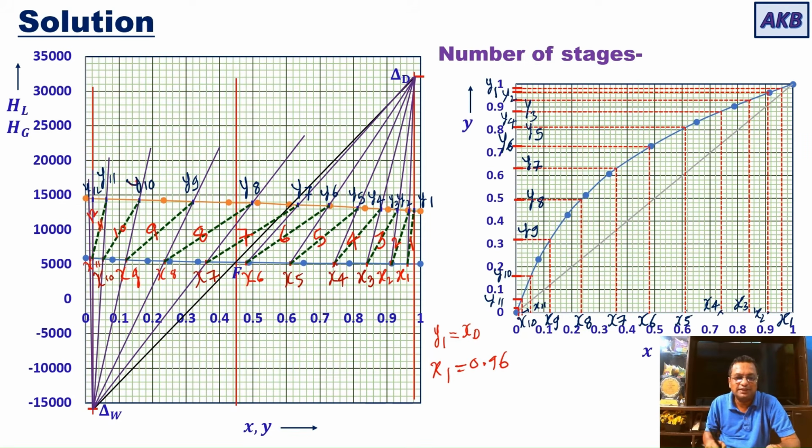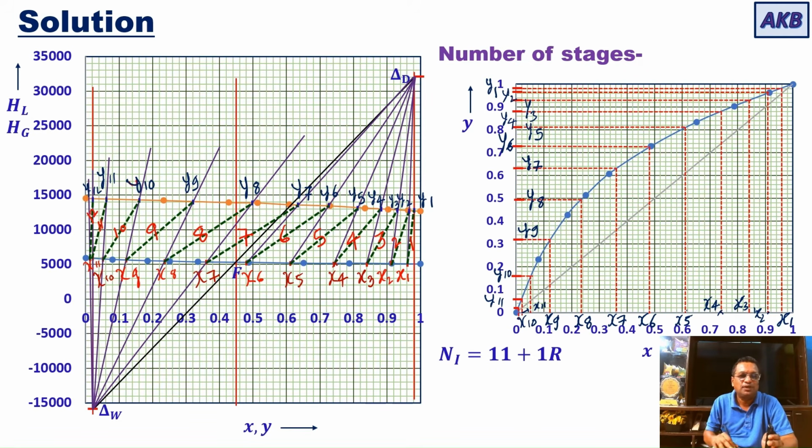So we have counted 12 tie lines. 12 tie lines means 12 stages. So in those 12 stages, there are 11 stages in the column and there is one reboiler.